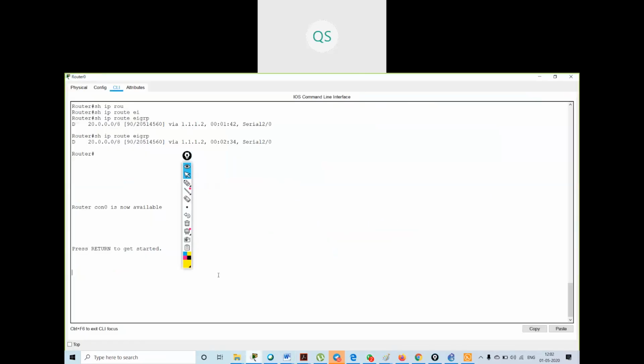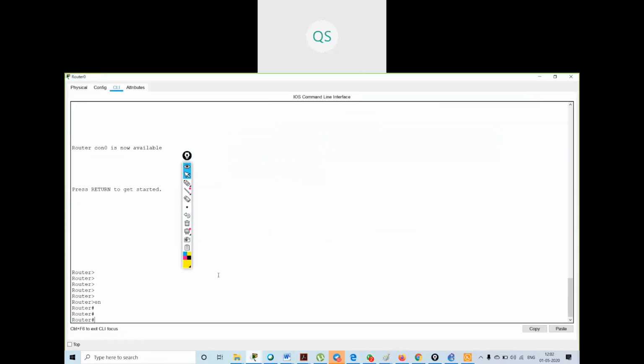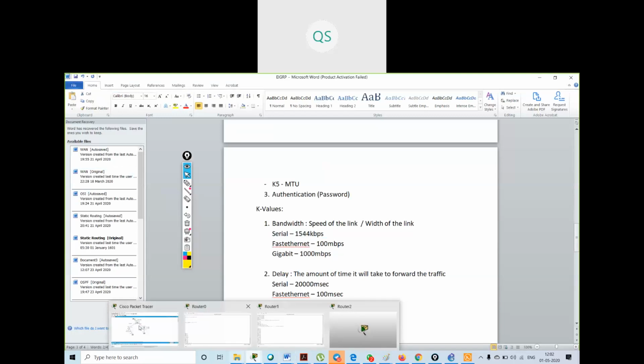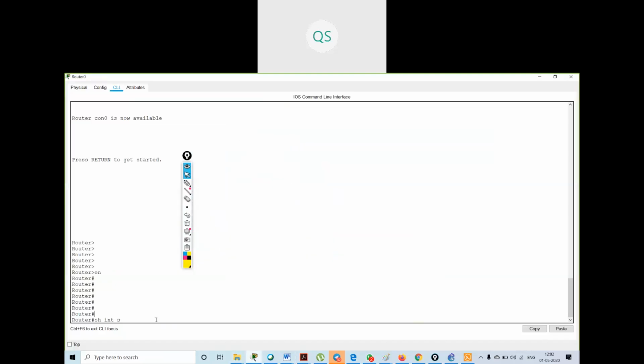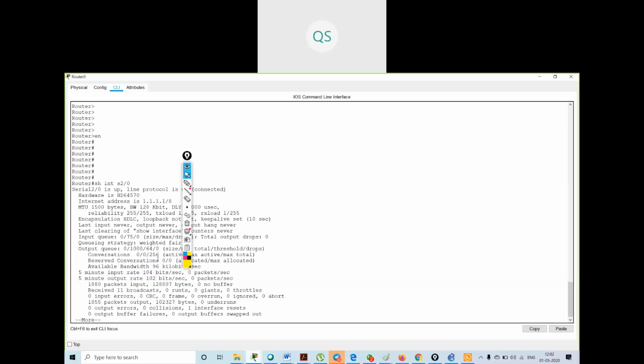We are running EIGRP only. So interface serial, it is interface number 2/0. See over here, you can see the different values.